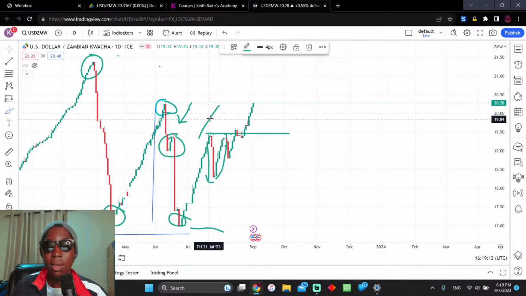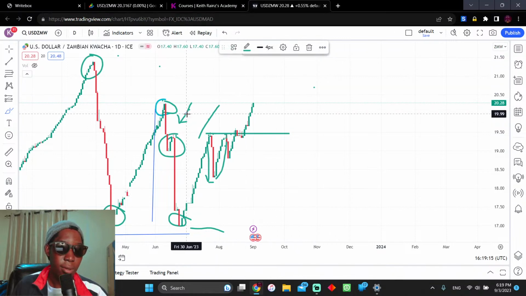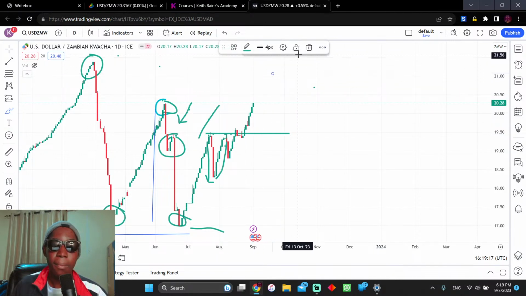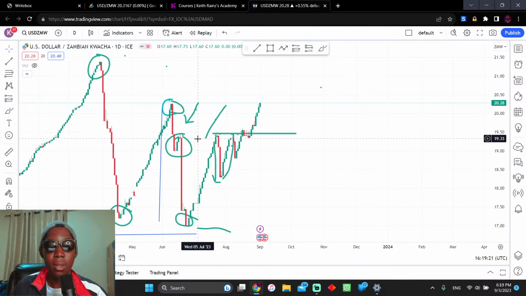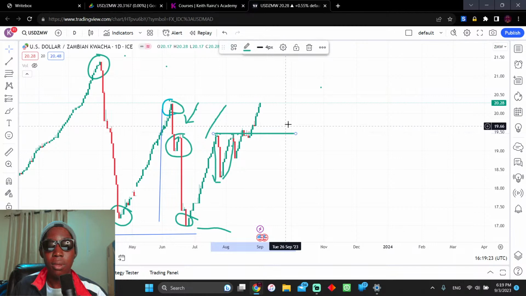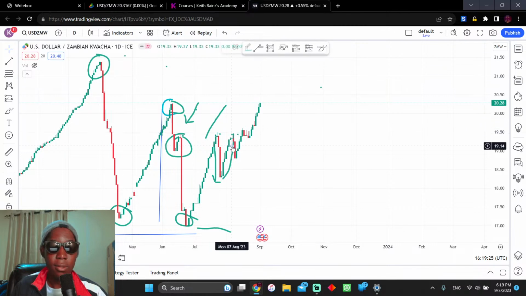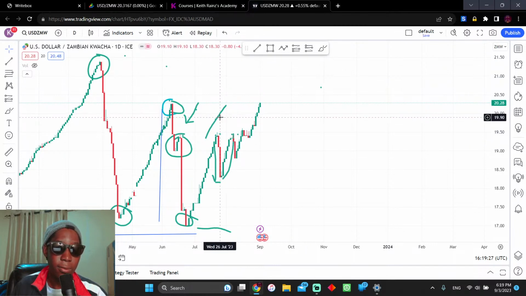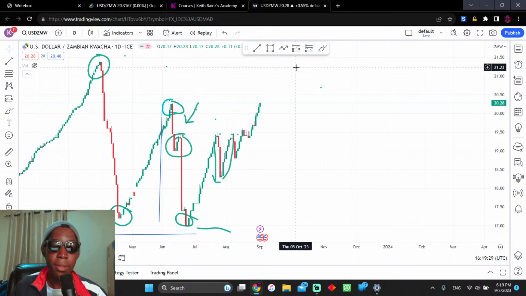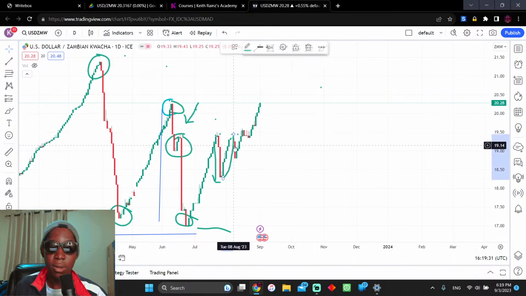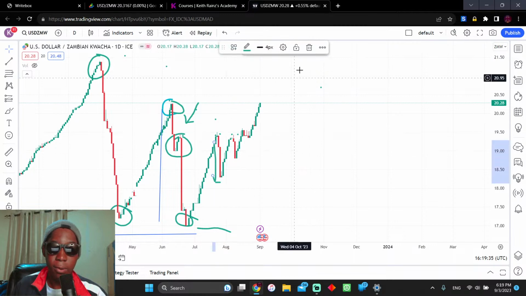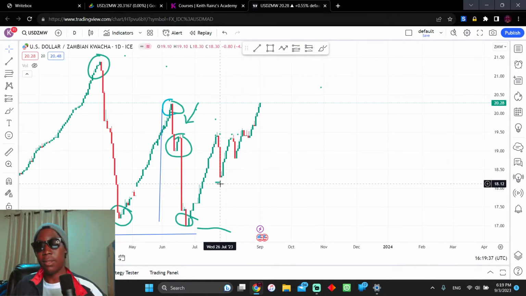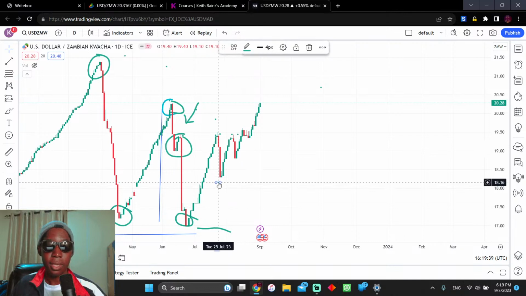How can I delete? I'm used to using the other platform. I wish there was a way I can delete everything at once, but I'd like to leave some of my drawings. Okay, now this is better. Now this is cleaner.